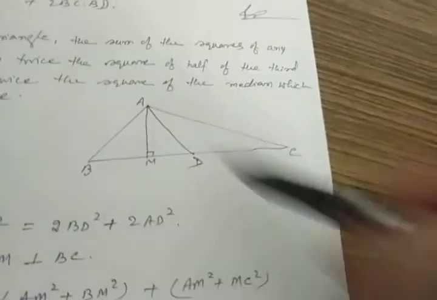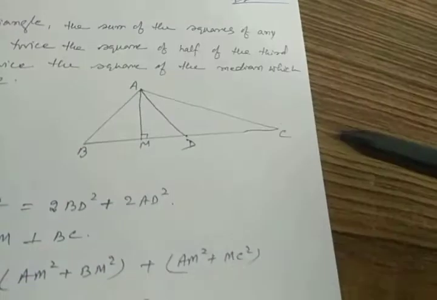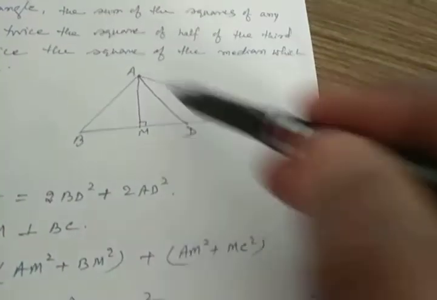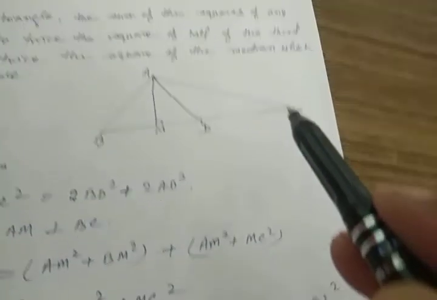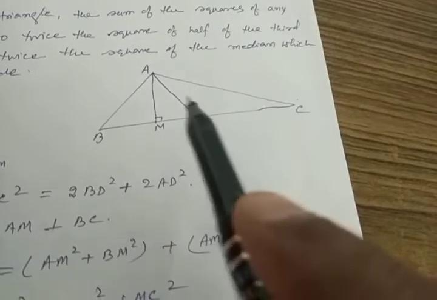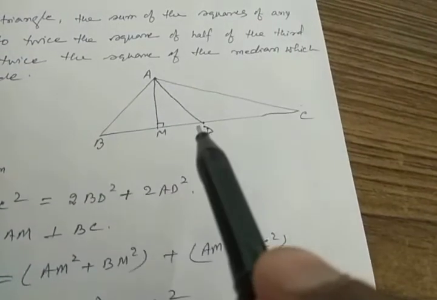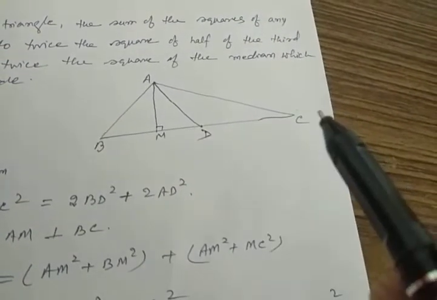Clear? Just see the figure, it will be clear to you. In triangle ABC, AD is median. Then what is the result? AB square plus AC square will be equal to 2AD square plus 2BD square, or 2DC square.